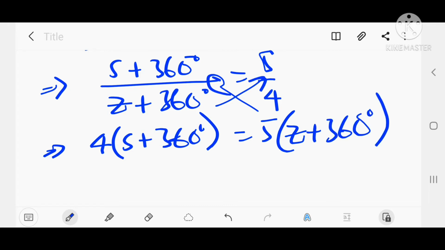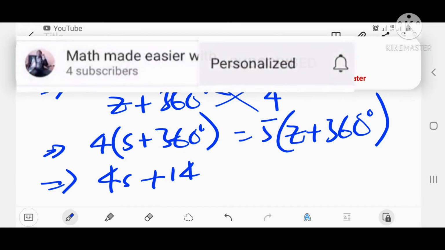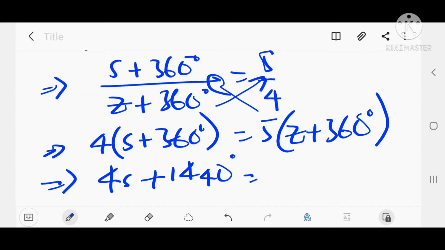Expanding, we have 4s plus 1440 equals 5z plus 1800.